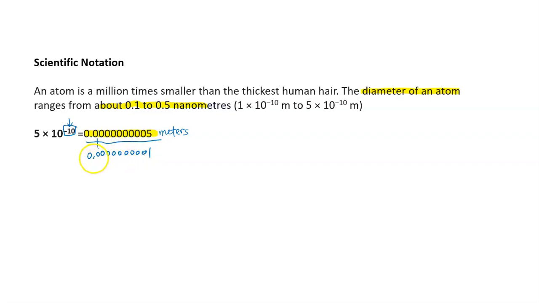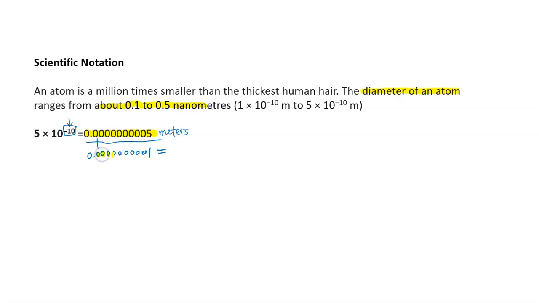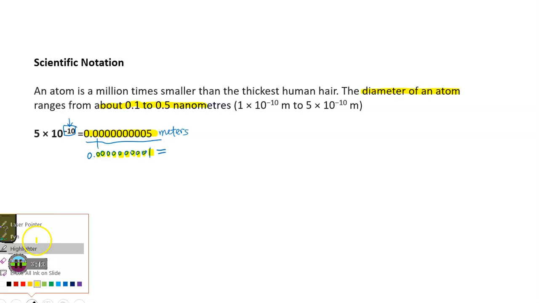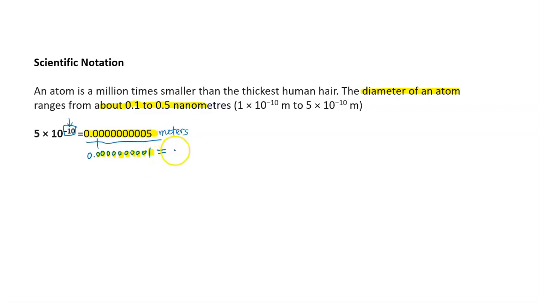So 0.000000000 then 1, and notice if we count the number of decimal places, we have 10. From what we just observed, the number of decimal places matches the positive number in the negative exponent. So that tells us I should have 10 to the negative 10.